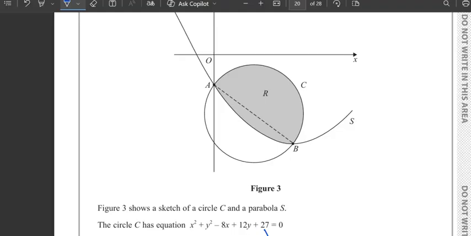So majorly, we can get the area of the semicircle ACB, then we find by integration the area bounded by the line AB and the parabola S.